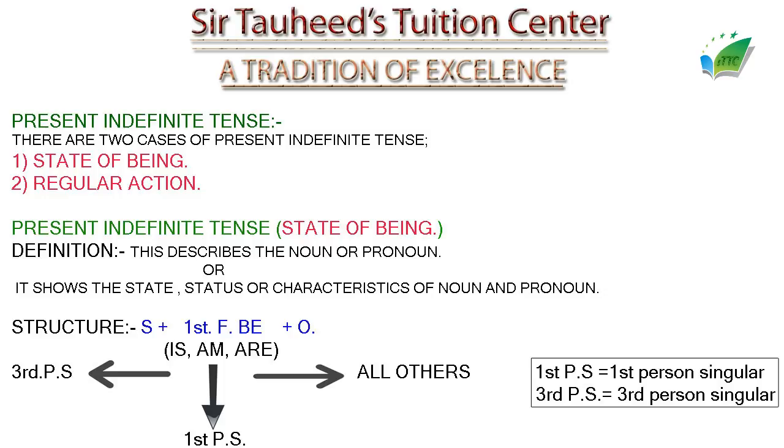And in case there is a subject which is other than third person singular and first person singular, then we use are. So the subjects like we, they, you, or if there are plural nouns, you have to use the word are.